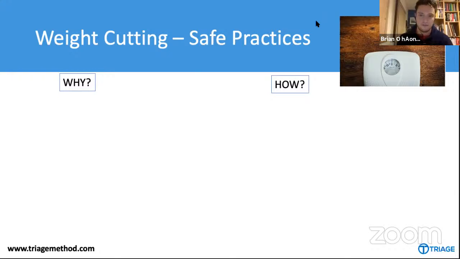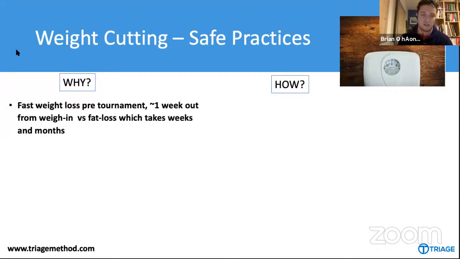All right, so I'm going to talk about weight cutting and how to do this safely, because I know that weight cutting in martial arts can be pretty reckless at times. When we're talking about weight cutting here, I'm talking about very rapid weight loss before a weigh-in for a competition.